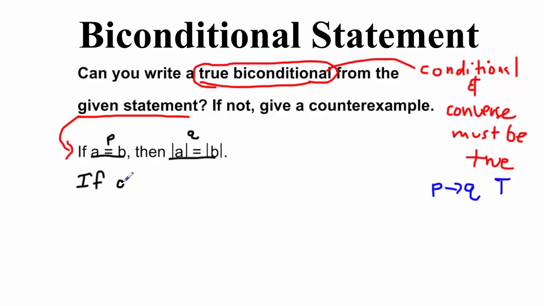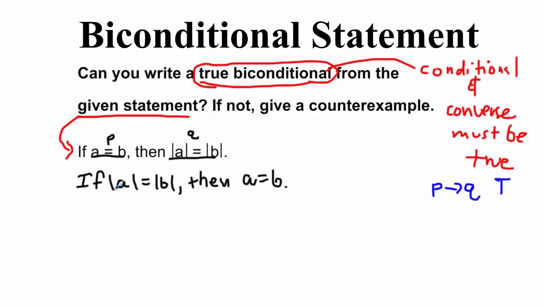So I get: if the absolute value of A equals the absolute value of B, then A equals B. So here's my converse, and now I want to check, is this converse also true?